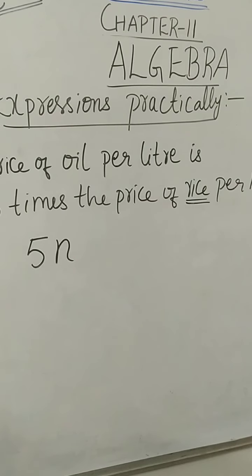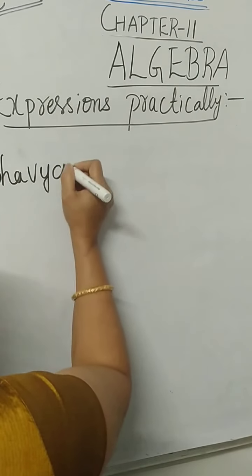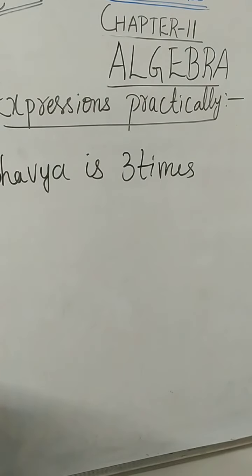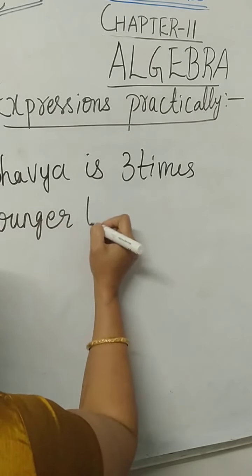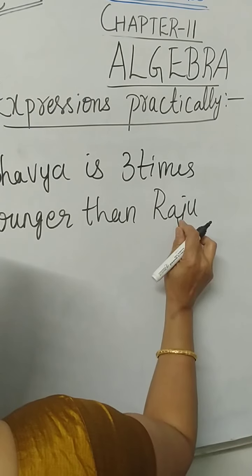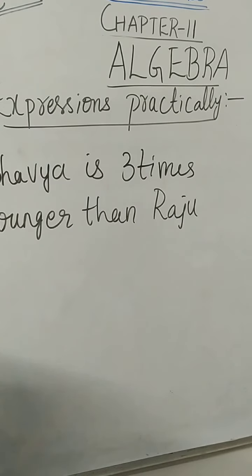I'll give you another example. Bhavya is 3 years younger than Raju.